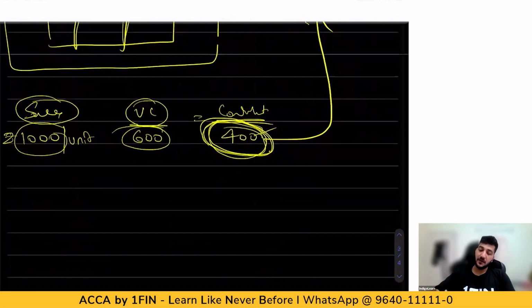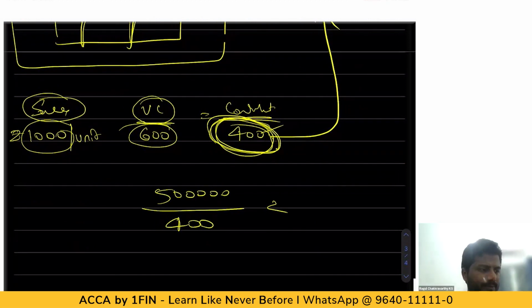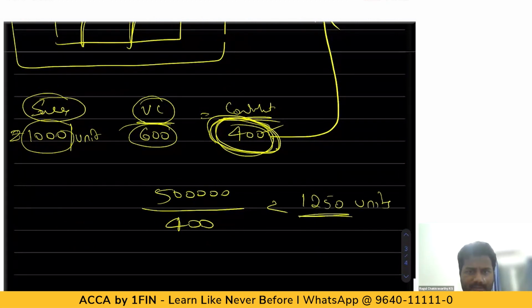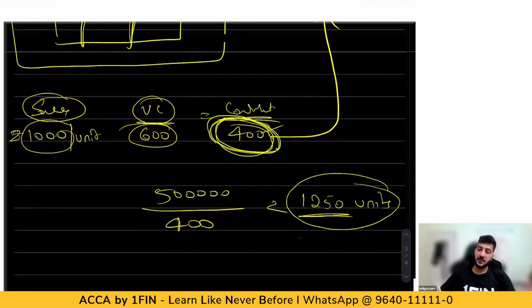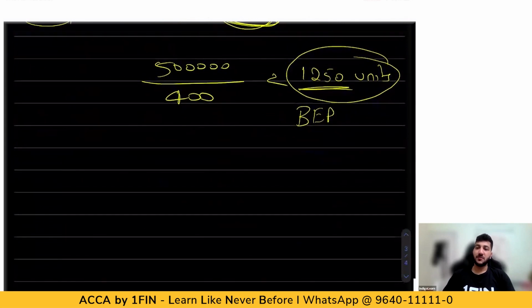It's a very simple thing to do. That is 5 lakh divided by 400. How much is 5 lakh divided by 400? 1,250 units. 1,250 units to break even. So this is nothing but my break-even point. Which means in order to cover my entire fixed cost, variable cost I'm covering only.